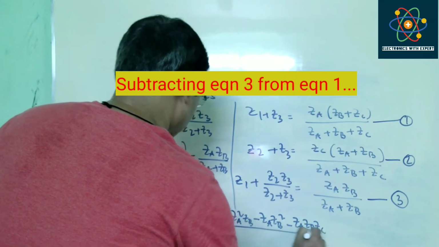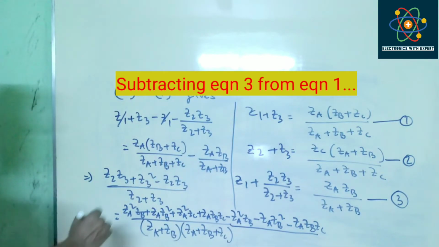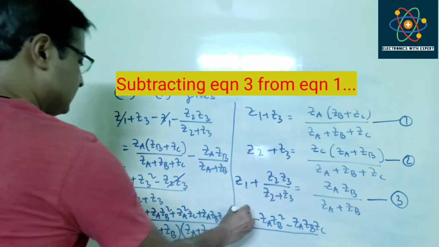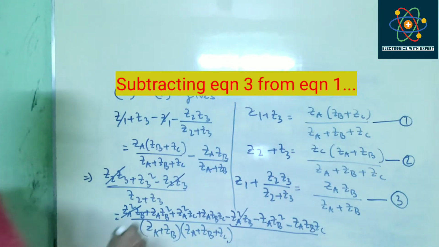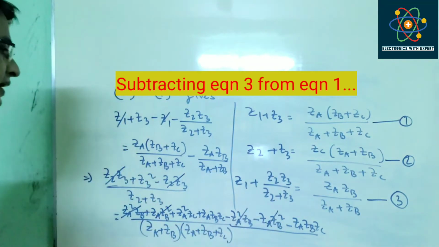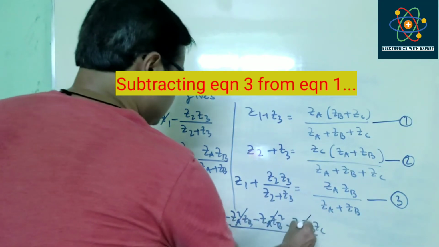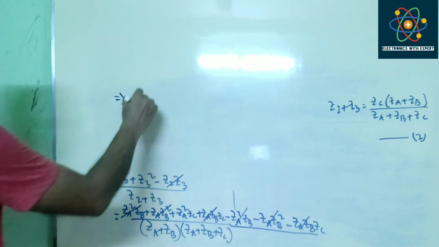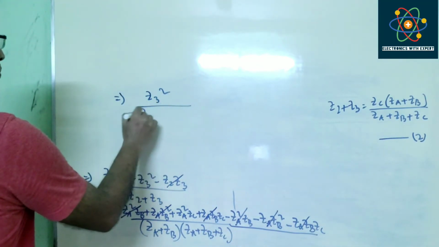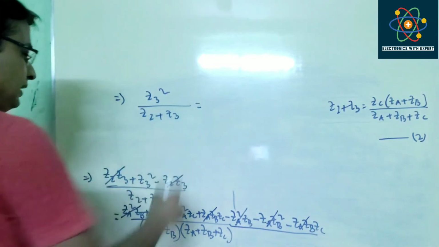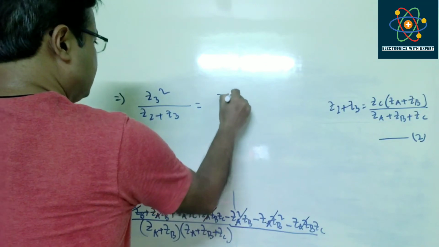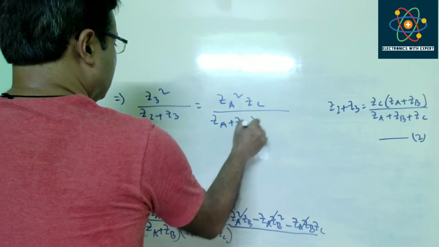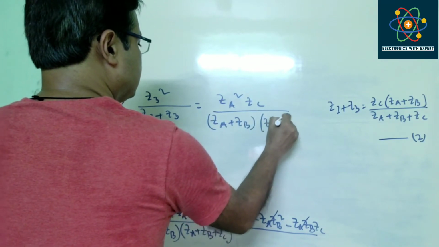So this is the simplified form. Now in the left hand side, Z2 Z3 cancels with each other, ZA squared ZB cancels with ZA squared ZB, ZA ZB square cancels with ZA ZB square, and ZA ZB ZC cancels with ZA ZB ZC. So proceeding, we get Z3 square by Z2 plus Z3, and in the right hand side we have ZA squared ZC divided by ZA plus ZB along with ZA plus ZB plus ZC.